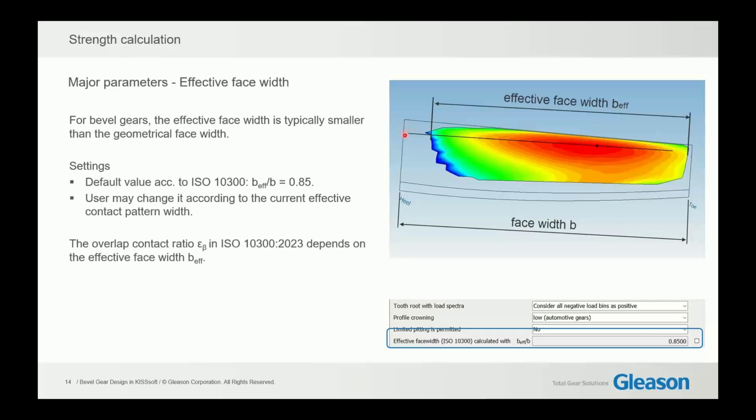You can see in this contact analysis result, at nominal load, the load distribution, which is typically quite large for bevel gears because of lengthwise crowning to cover the various misalignment situations. This also results in a shorter effective face width compared to the nominal face width.